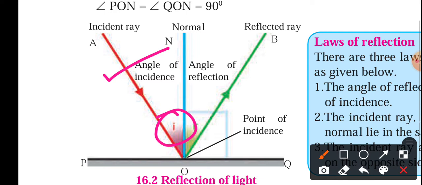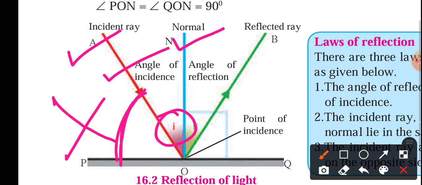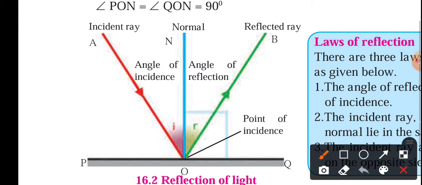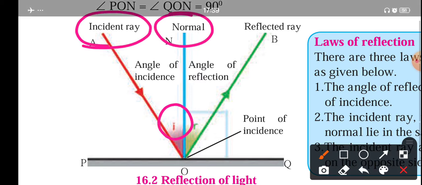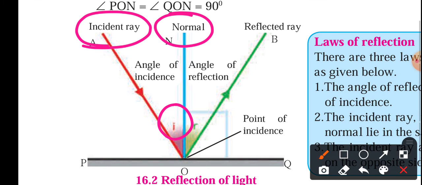In a simple way, it is the angle between the normal and the incident ray. Always keep in mind, because students make a mistake: they take the angle between the surface and the incident ray, but this is totally wrong. The correct one is the angle between the normal and the incident ray. This is called the angle of incidence.